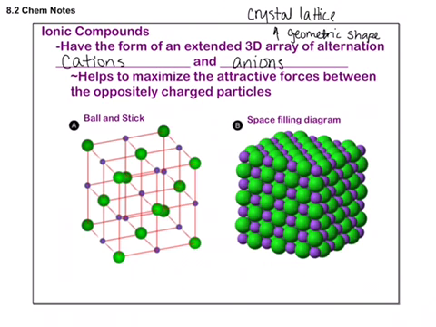These crystal lattices help to maximize the attractive forces between those oppositely charged particles, and there's two ways to show this. You can use the ball and stick diagram, where in this case there are these red lines to indicate the bond between the cations and the anions, or you can use the space filling diagram, which eliminates the red sticks and the bonds are just assumed to be there.